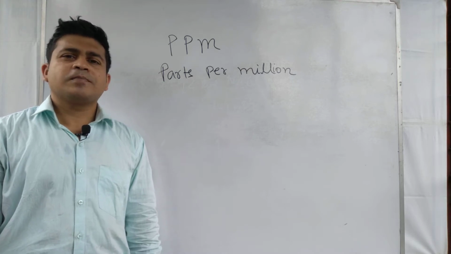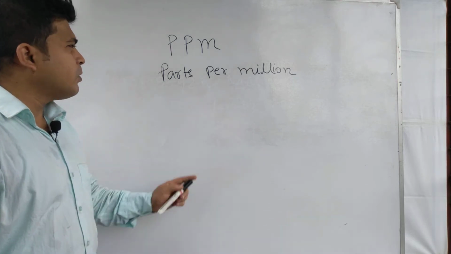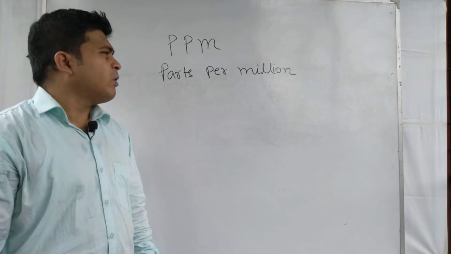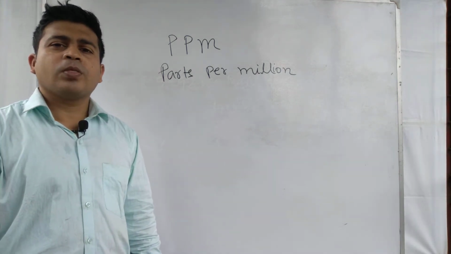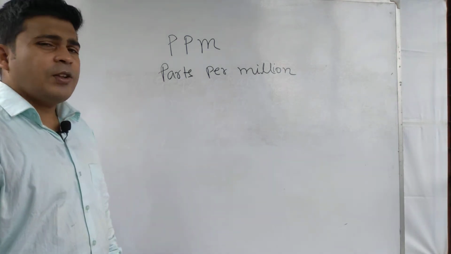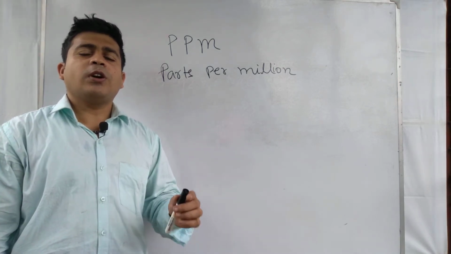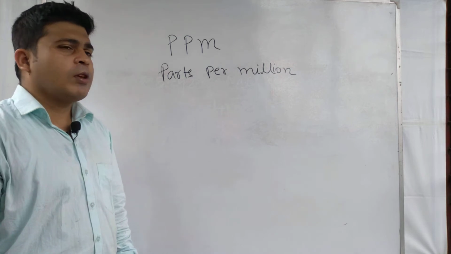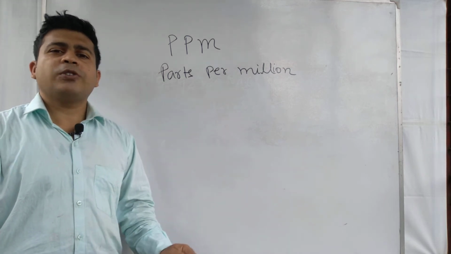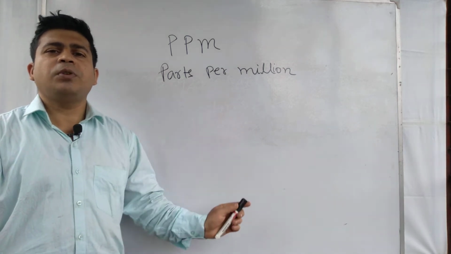This time we discuss a very important topic in chemistry, that is parts per million. What is the use of ppm, what is the definition of ppm, and calculation of strength of solution in ppm unit.